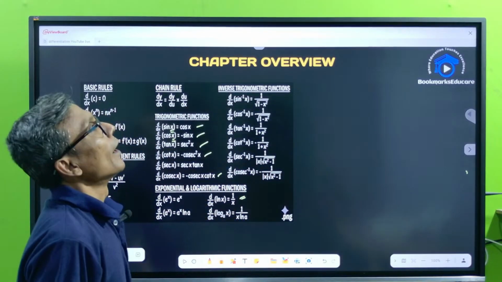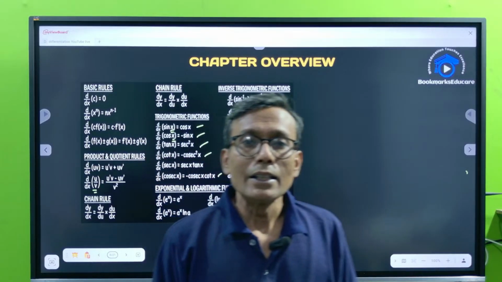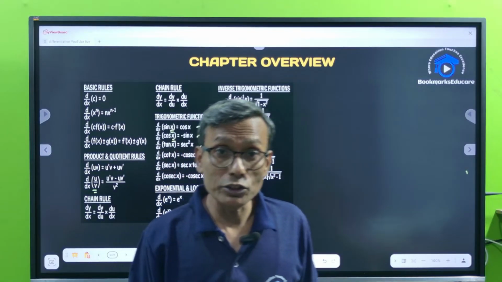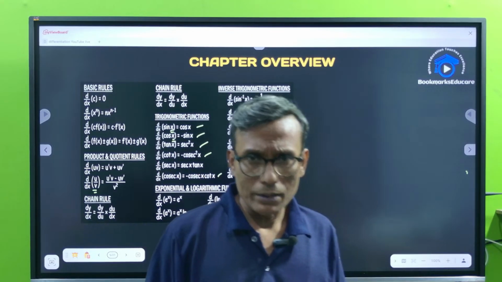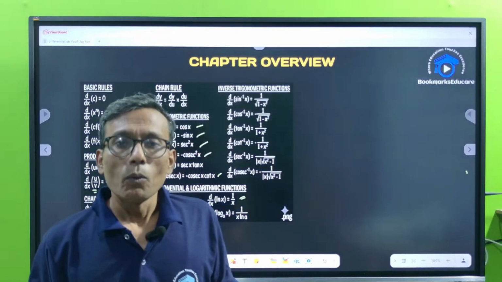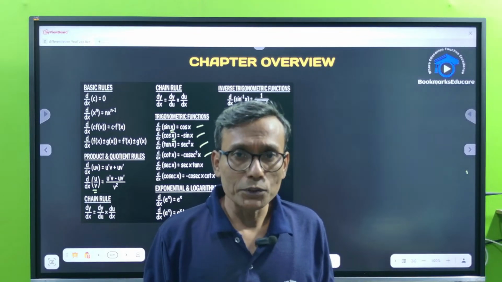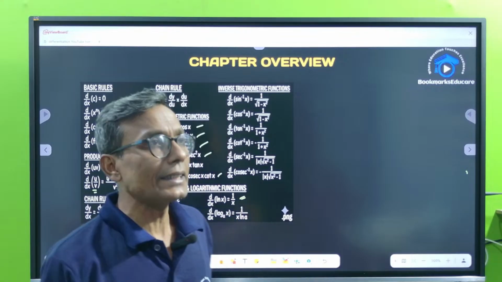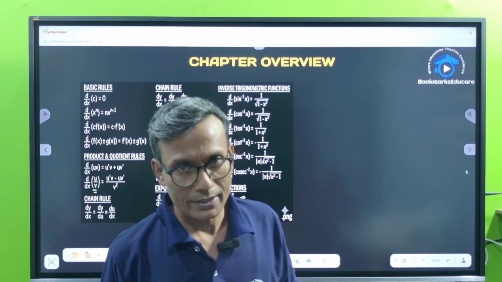Now what is the first order derivative? The first order derivative is nothing but the rate of change of the function with respect to a variable at a particular point. It indicates whether the function is increasing or decreasing.